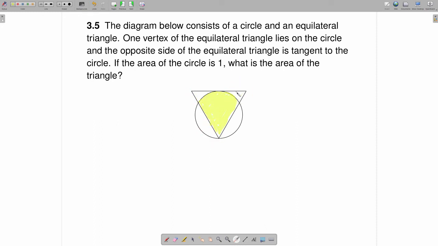So all in all, we expect a number which is a little bit less than 1 as an answer for the area of the equilateral triangle.